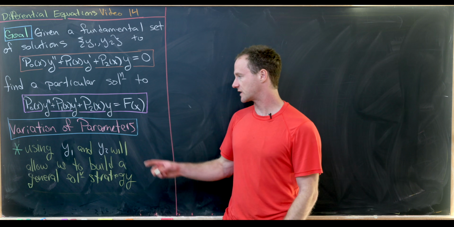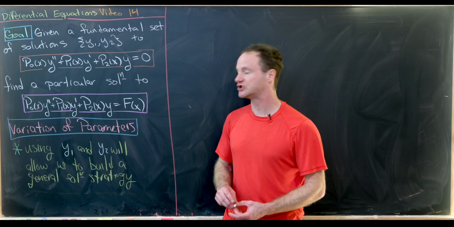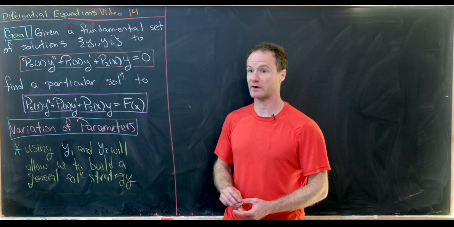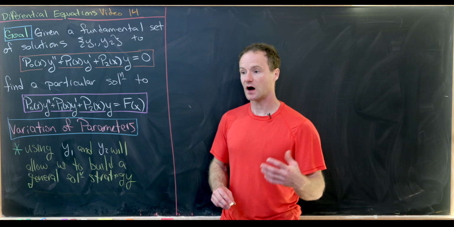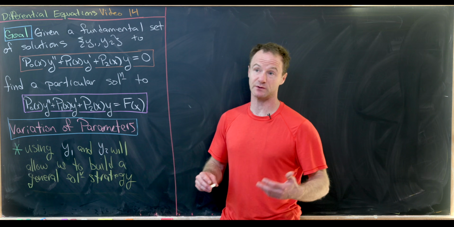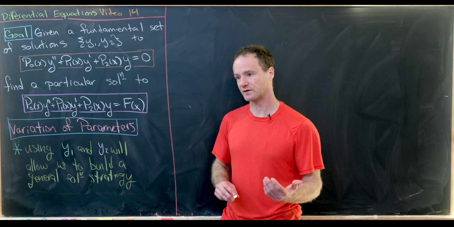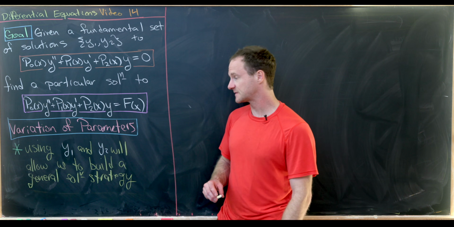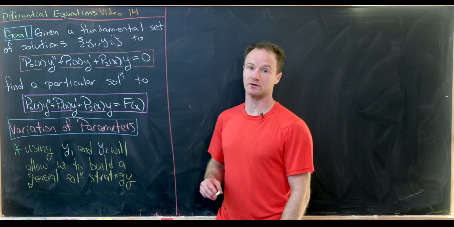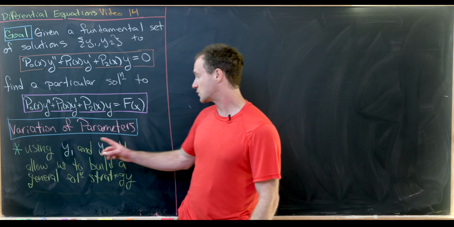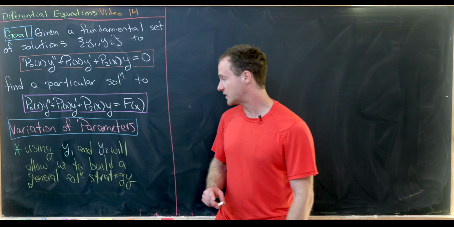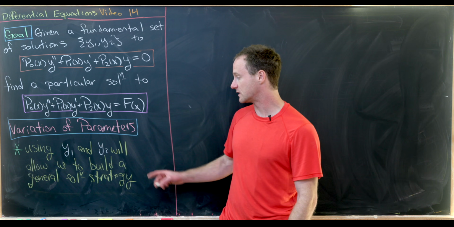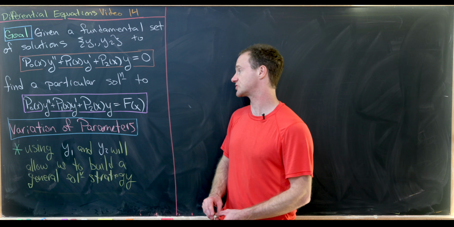Now, before we get started, I'd like to point out that this method is generally known as the variation of parameters. And unlike our previous methods that involved reduction of order or undetermined coefficients, this one is a little bit more general. Since we know y1 and y2, we can build a general solution strategy.